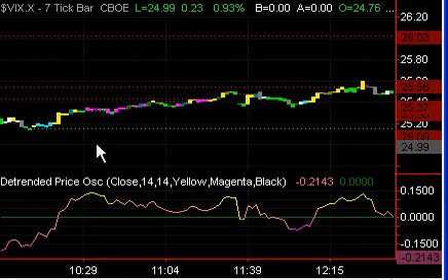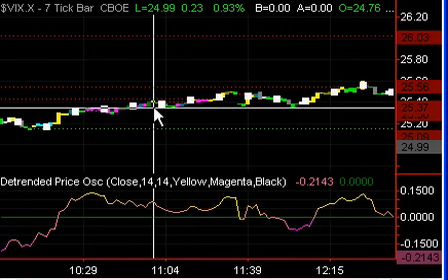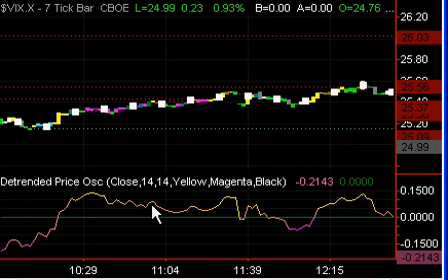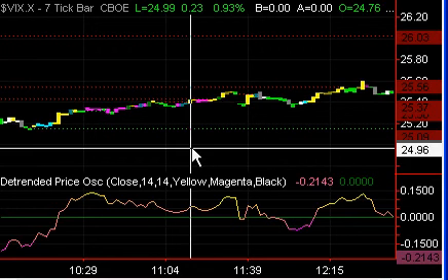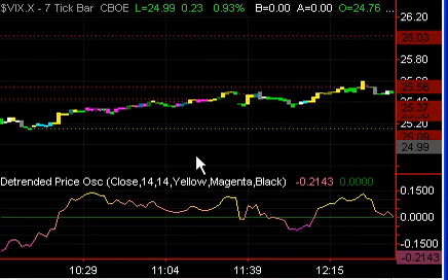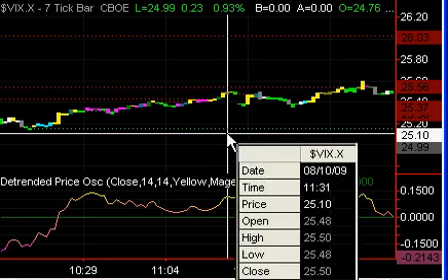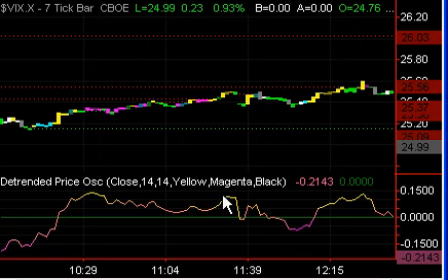We get another yellow bar here. Now we're already divergent on the DPO. But as we go higher, ultimately here, this high compared to this high is no longer divergent.